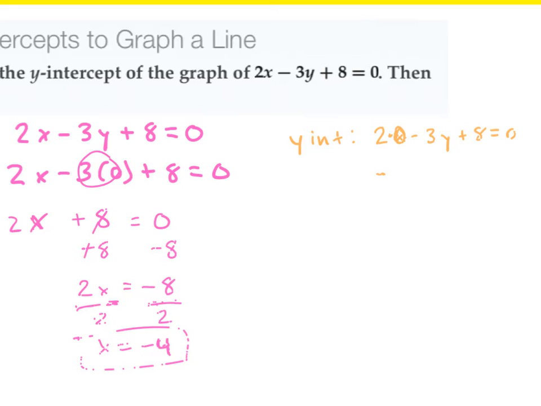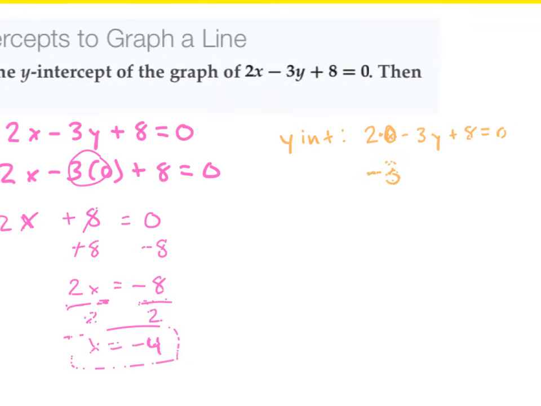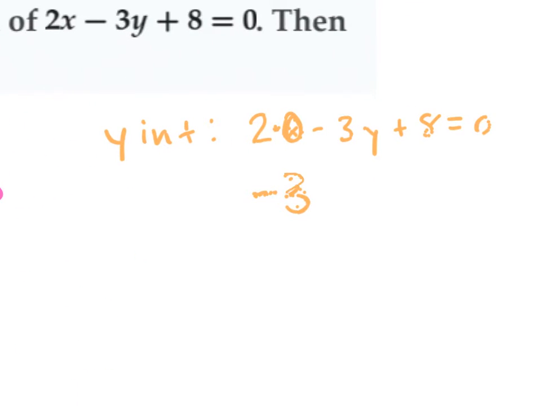So that's 0 minus 3y. We don't need to put the 0, we just put our minus 3y. So we have minus 3y plus 8 is equal to 0.